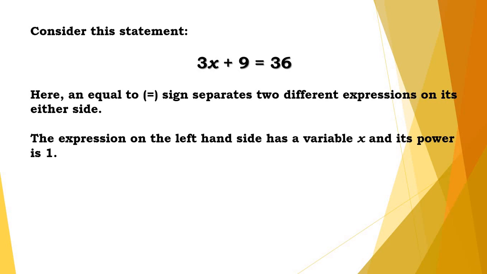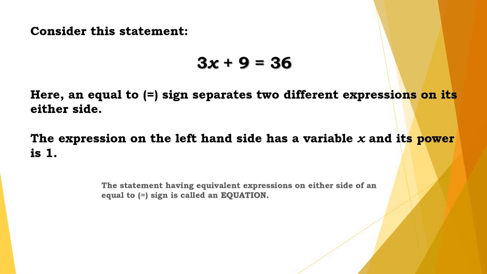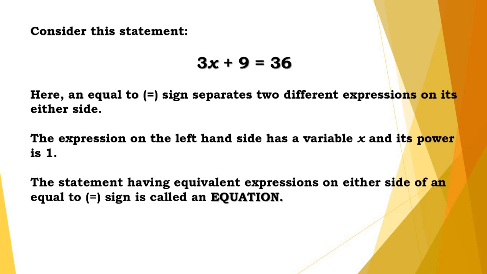What is a variable? A variable is something which does not have a fixed value. Any value can be assigned to a variable. The statement having equivalent expressions on either side of an equal to sign is called an equation. As you already know, the equal to sign denotes equality.